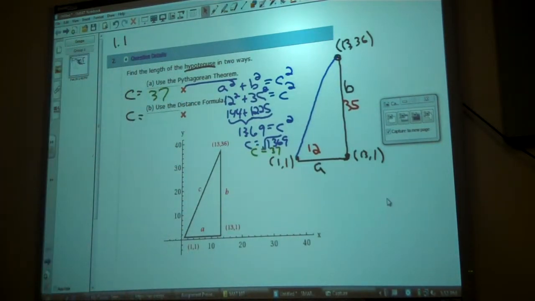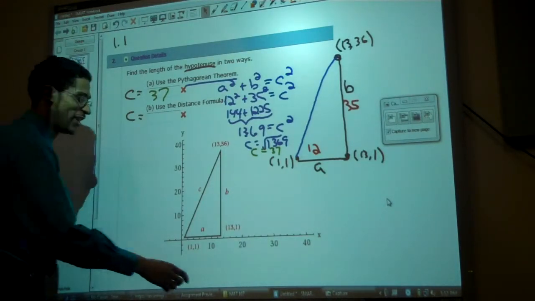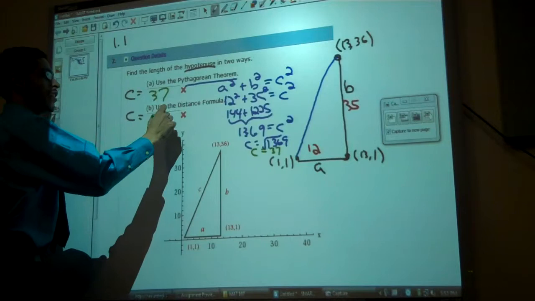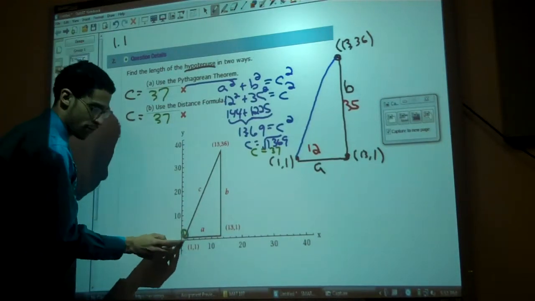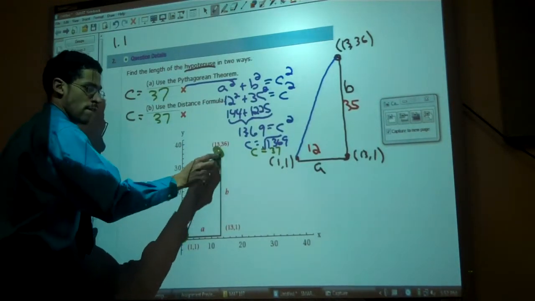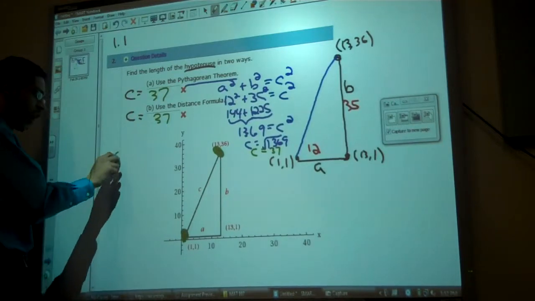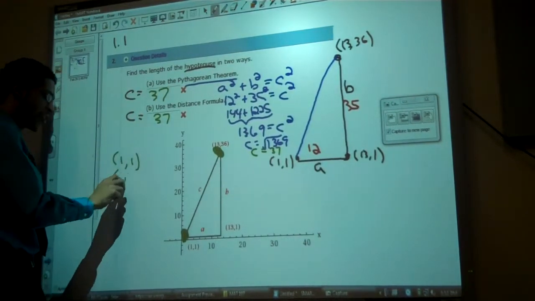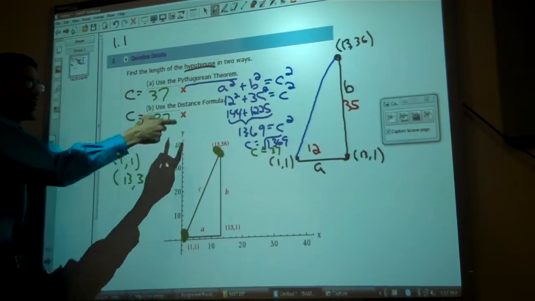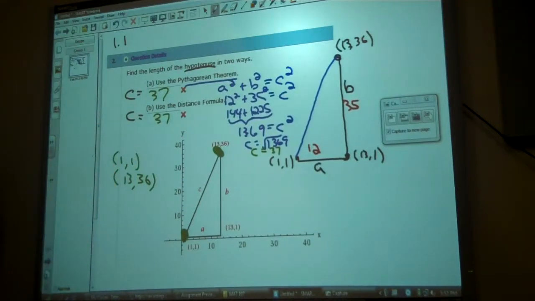Now you could just cheat and say the same answer for the other side, but we'll do it. The distance formula would be using the points 1, 1 and 13, 36. It's the same numbers though.